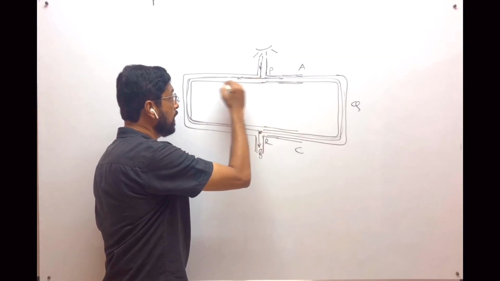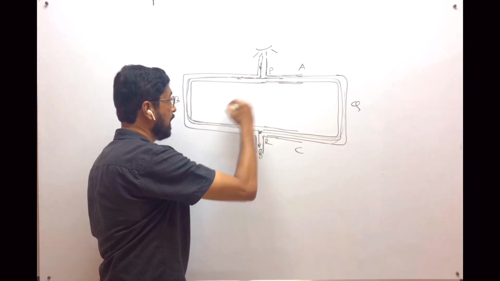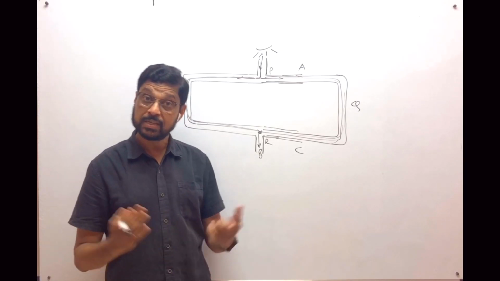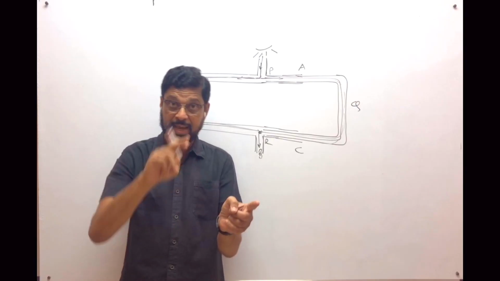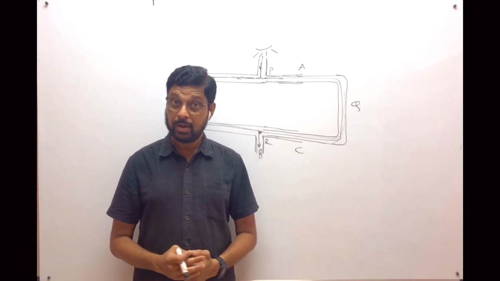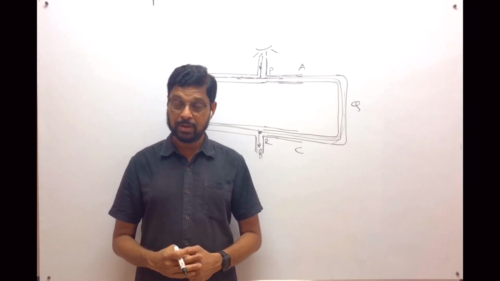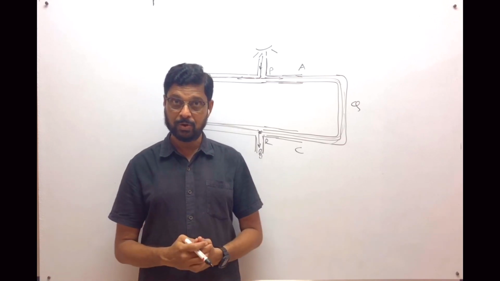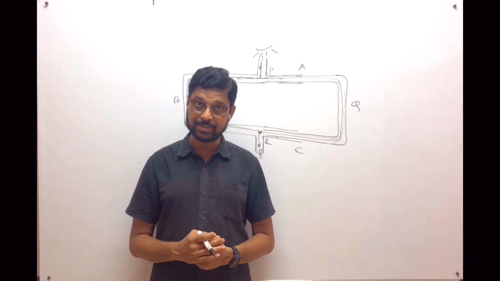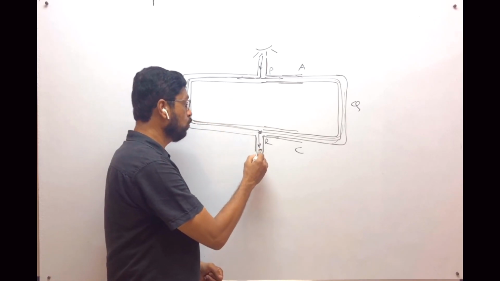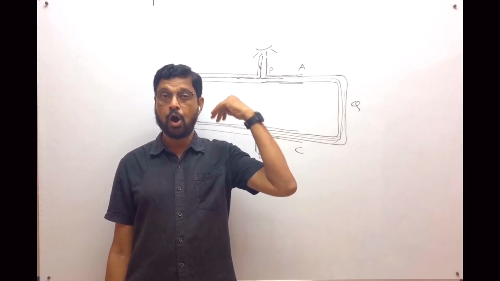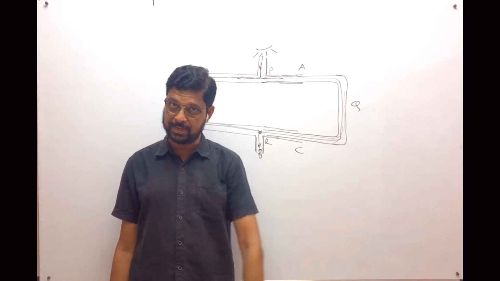So when two waves come from this side and they meet here, their path difference is 0. जितना path इधर से है उतना ही path इधर से है. Their path difference is 0 means their phase difference is 0. So what will happen there? Constructive interference, and you'll hear a loud sound here. जोर की आवाज आपको सुनाई देगी. A loud sound of constant intensity.